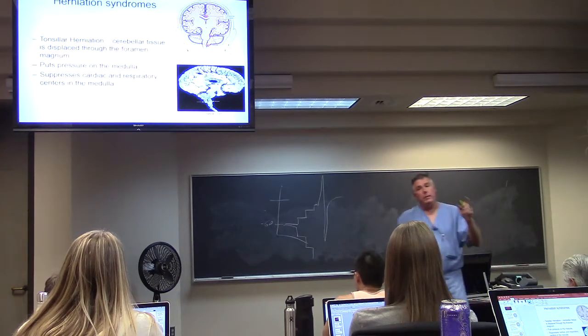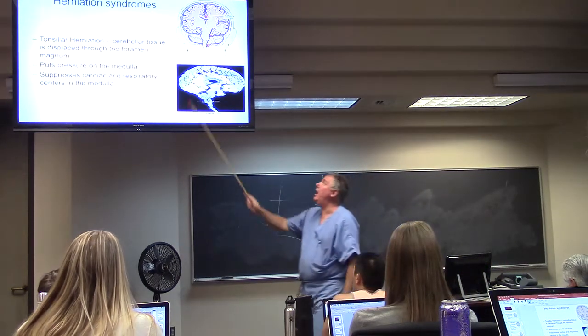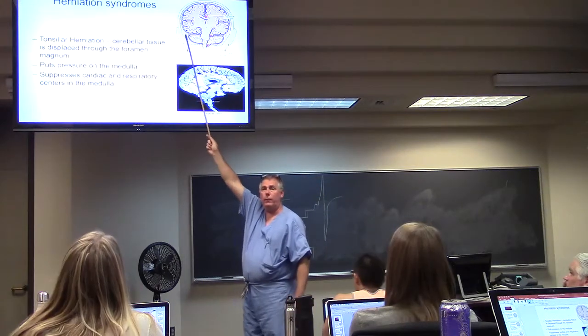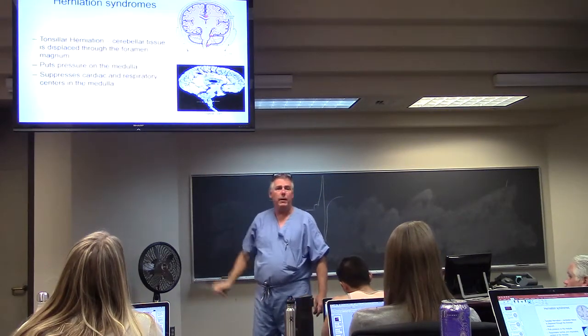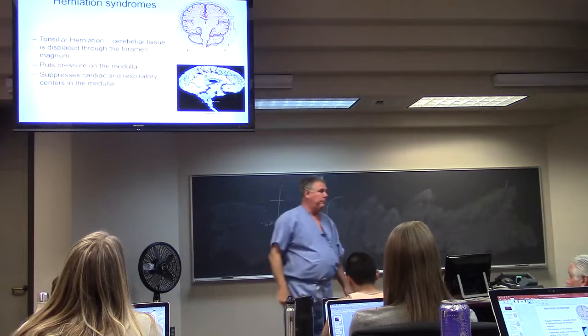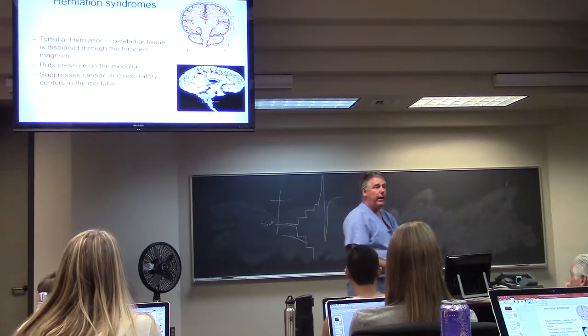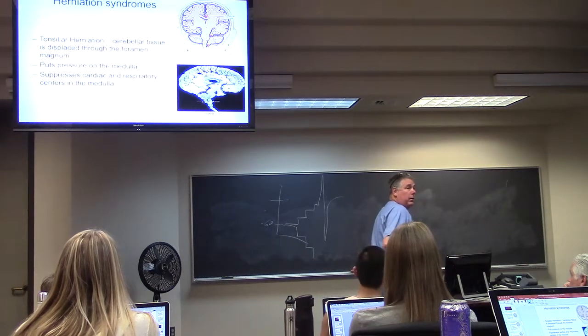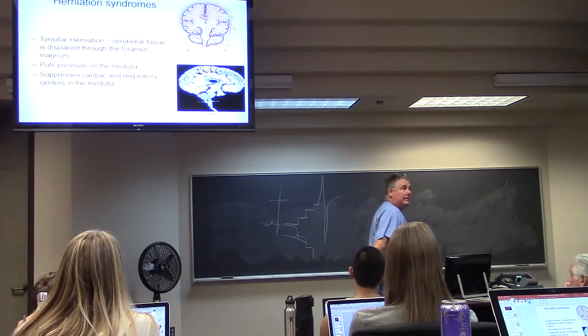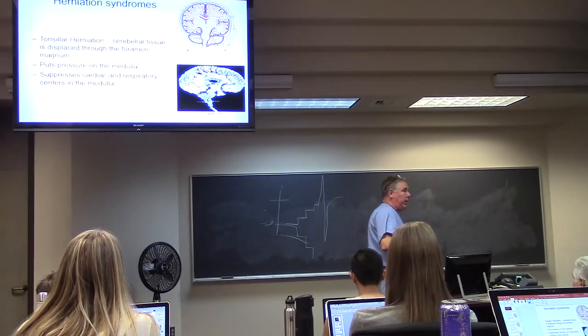Now, these types of herniations can not only occur due to increasing pressures in the brain, you can induce them. If somebody has an increased pressure in the brain and you stick a needle in their lumbar spine and drain CSF, you're doing a lumbar puncture, a diagnostic lumbar puncture, all of a sudden, where is that pressure going to go?